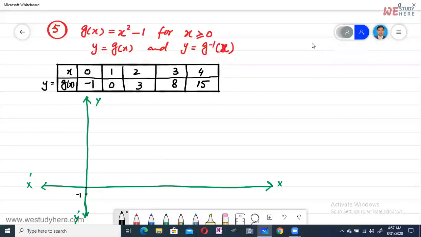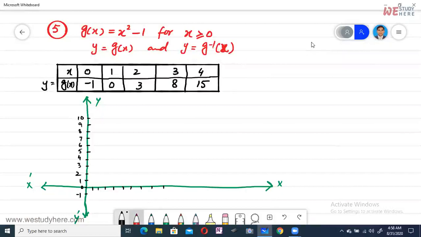Along the x-axis, we can take 1, 2, 3, 4, 5, 6, 7, 8, 9, like that.